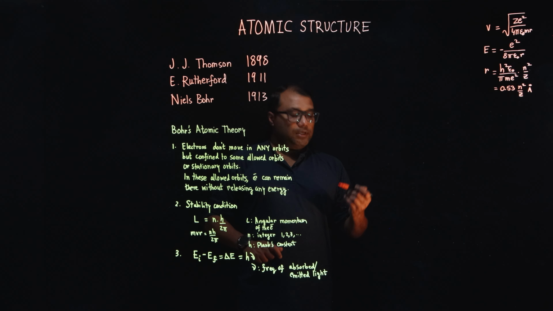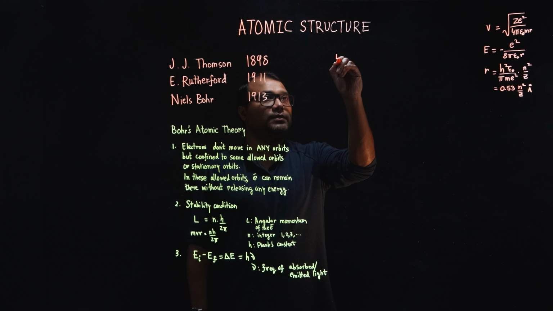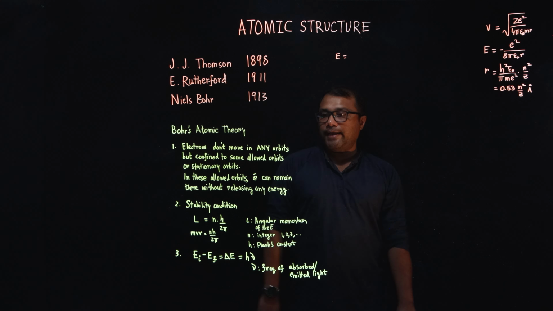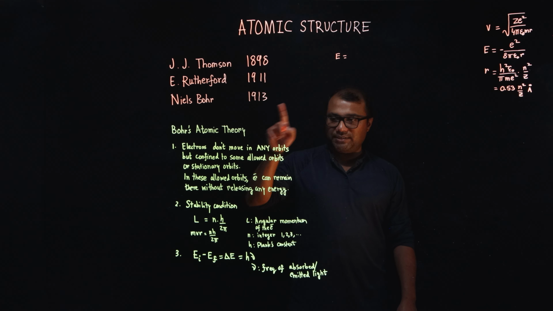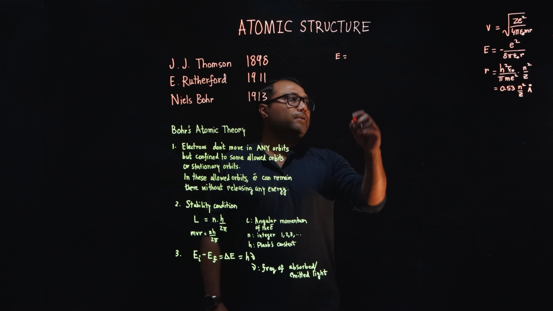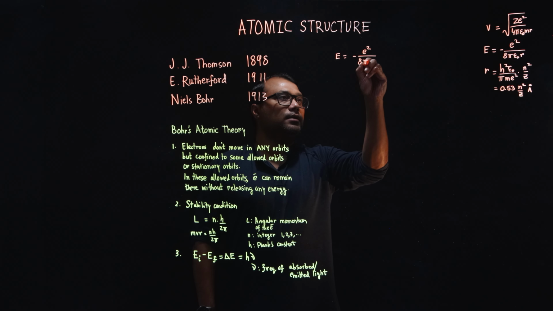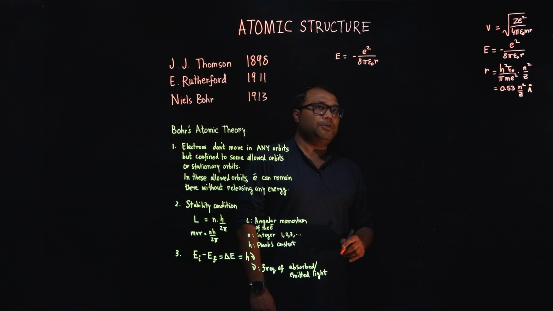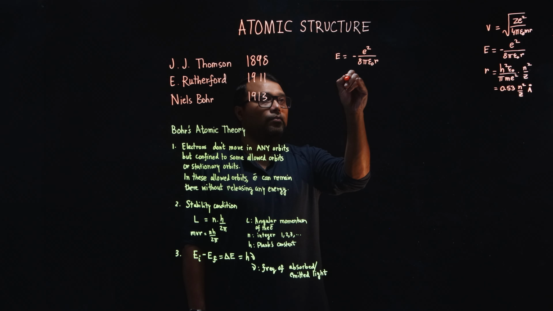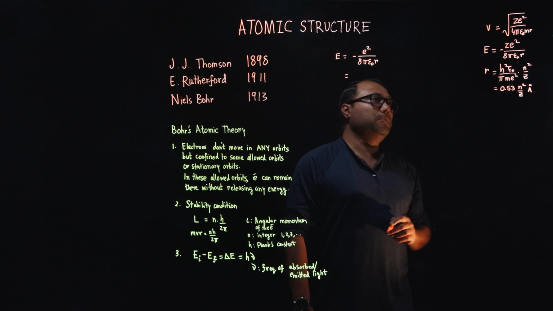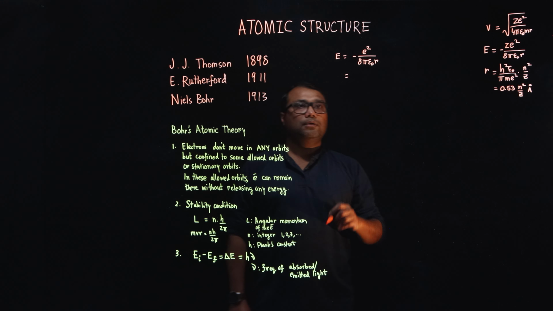Now, what is the total energy of each of these orbits? This defines the energy of those stationary orbits. So we can write minus e square by 8 pi epsilon naught r. Let's substitute the value of r now. In fact, in energy also we can include the atomic number, so Z e square.